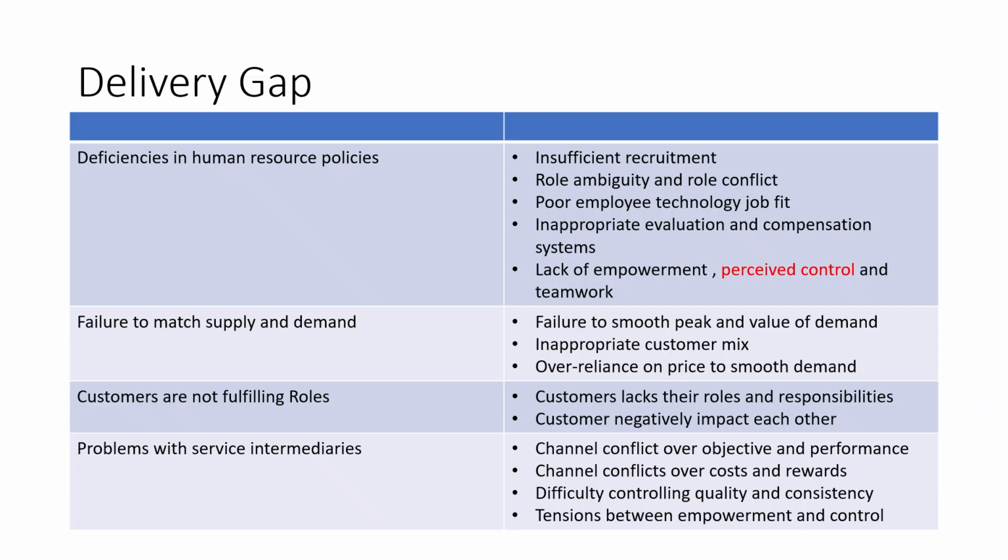For example, there are times that a service is needed much more than at other times, and so during peak times you might find there are long waits or poor service, and then during low periods there's wasted capacity. So simply, poor demand management lowers overall service quality. We shall see this in managing capacity and demand.